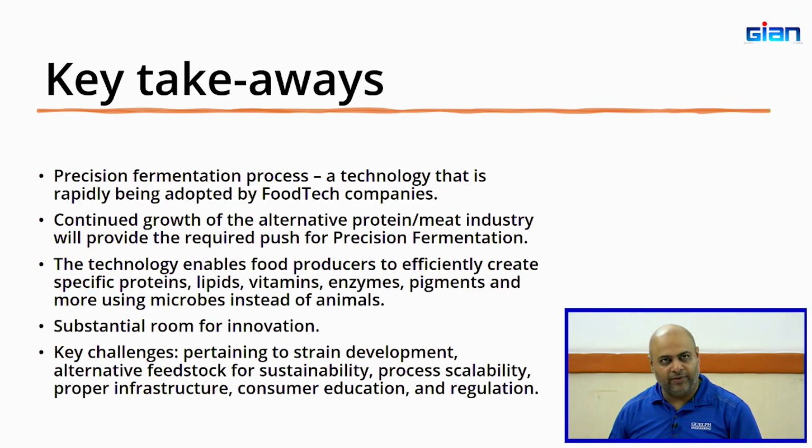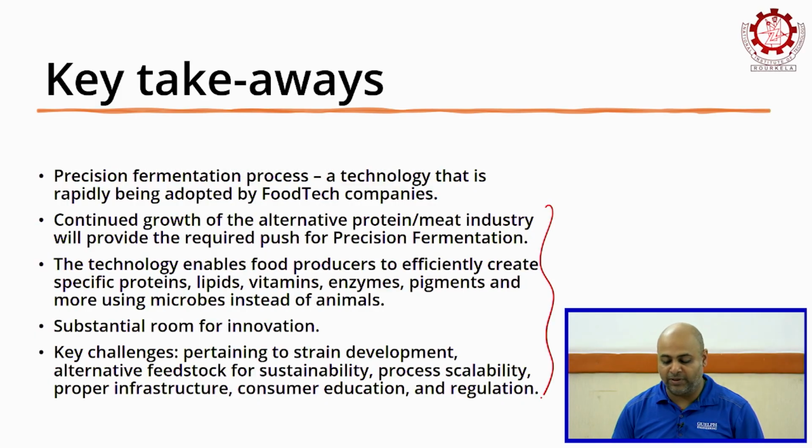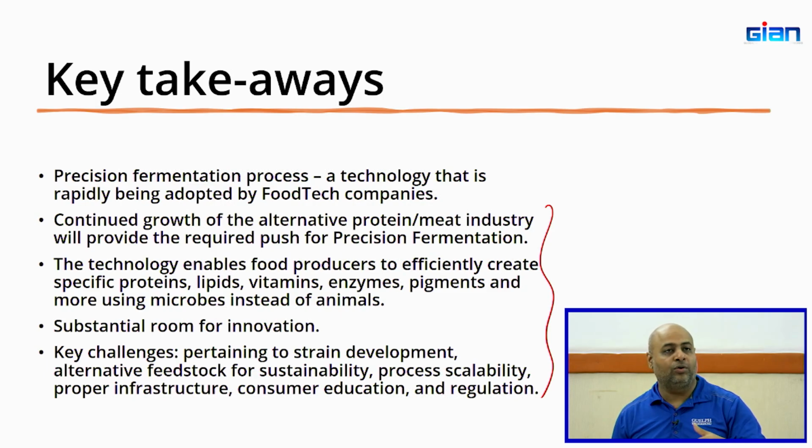Now, a few of the key takeaways from this whole presentation today: the precision fermentation process is a technology that is rapidly being adopted by food tech companies. There is continued growth of alternative proteins and the meat industry, and it will provide the required push for precision fermentation. The technology enables food producers to efficiently create specific proteins, lipids, vitamins, enzymes, pigments, and more using microbes instead of animals.